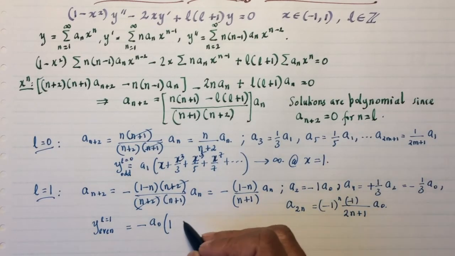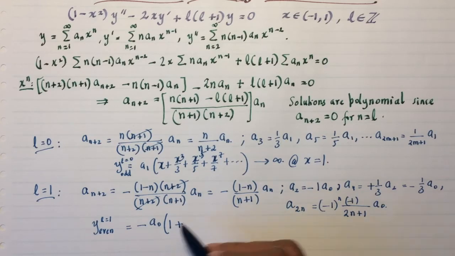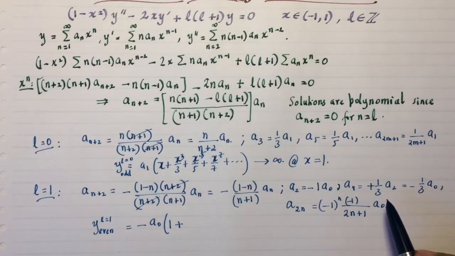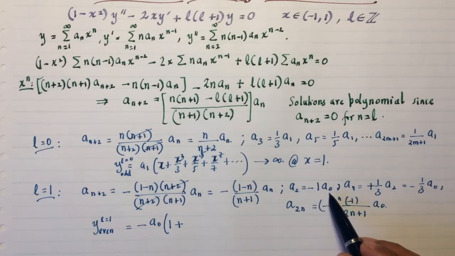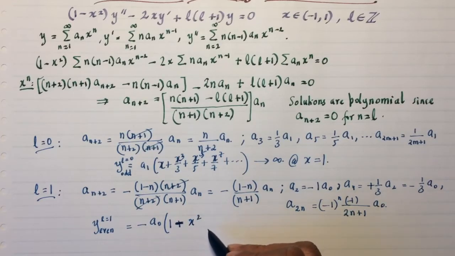So the even function here, I get 1 for the a naught term. A naught does not multiply x, so I just leave it there. For the a2 term, I'm going to get minus, so that's a minus. That is a naught, and then the a2 term is minus x squared, and then the a3 term is plus.